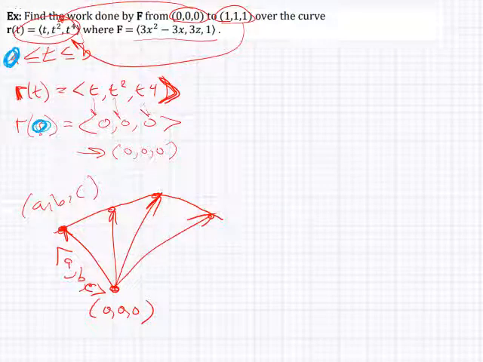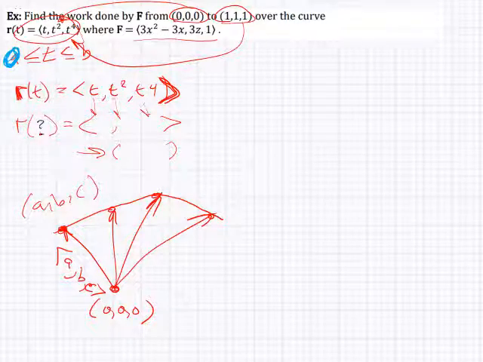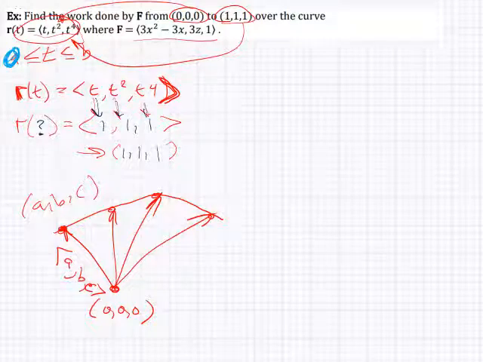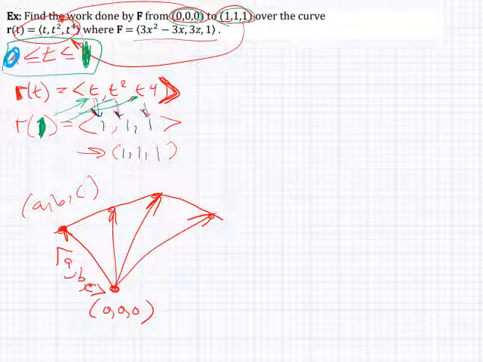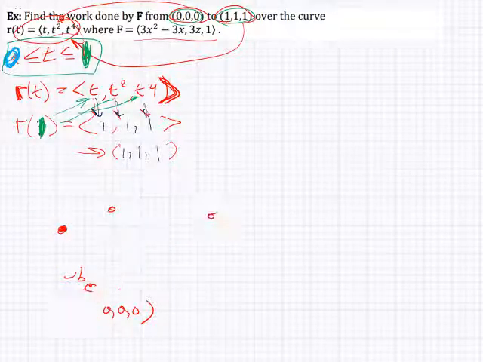What value of t would create the vector 1, 1, 1, that would then point to the point 1, 1, 1? In that case, you could see very simply, it would have to be a t value of 1. A t value of 1 here, here, and here would create 1, 1, 1. So the ending point would be 1. So we can create the interval of t fairly simply by knowing the points that we start and end with. So that's the first part.